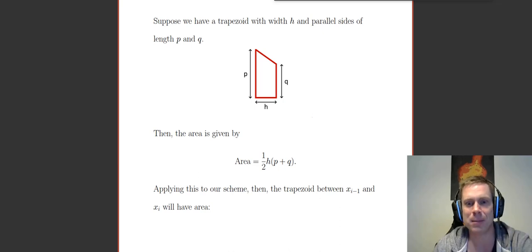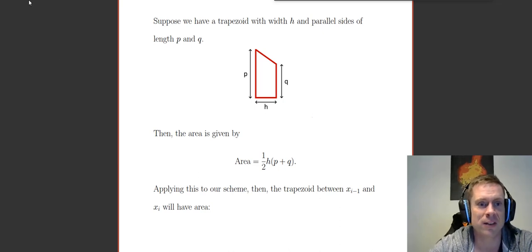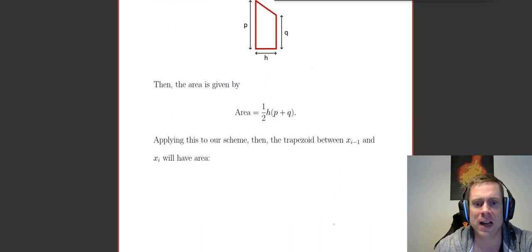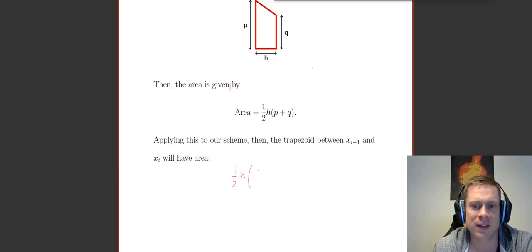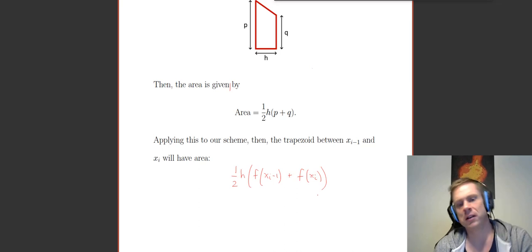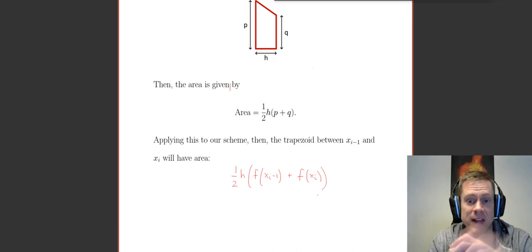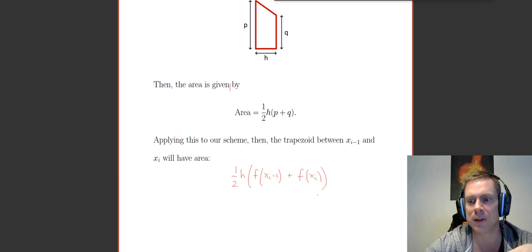And that means that for our scheme, the trapezoid between x_{i-1} and x_i is going to have area of 1/2 h times f of x_{i-1} plus f of x_i. That's how I'm going to create any particular trapezoid's area, and that's the building block that we're going to build this scheme out of.